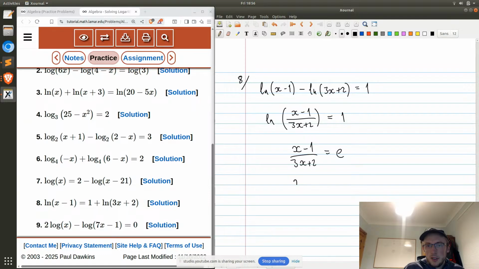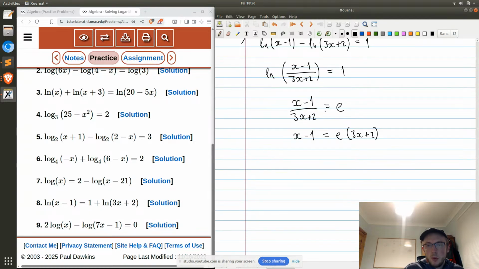Okay, getting close. Bring this up here. You want the x terms by themselves, so you're going to have to expand, I'm afraid. Bring them over here. Bring that -1 over there.